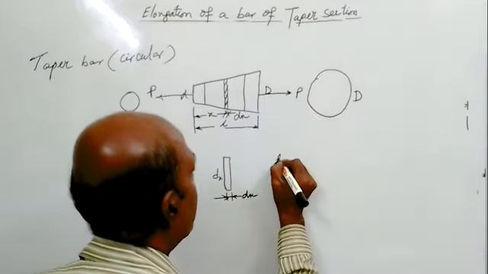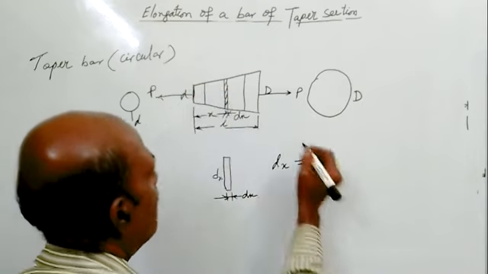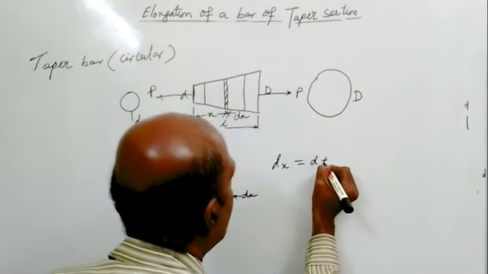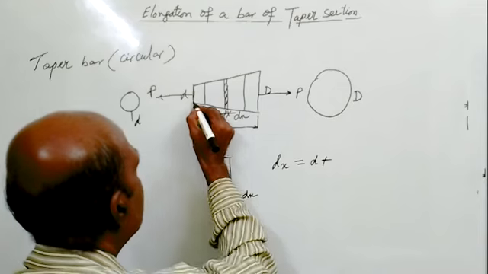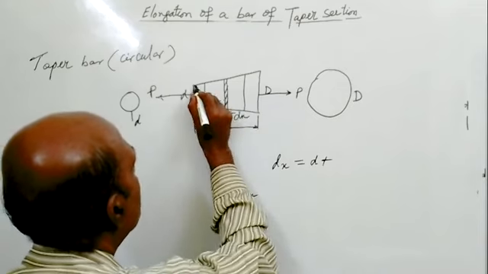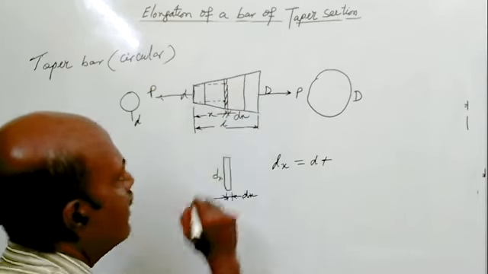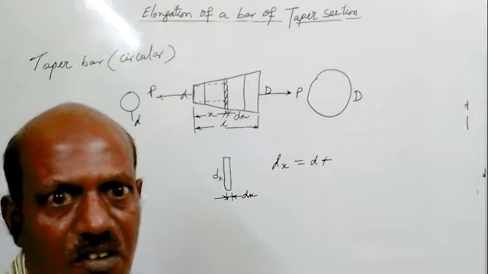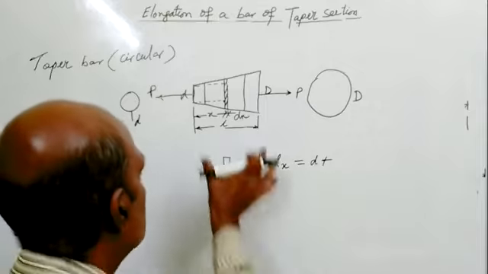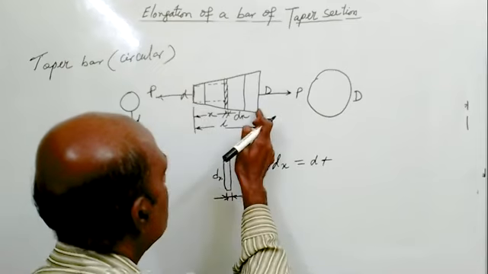So d of x is given by small d plus some increment. What is the increment in diameter? This much is the increment at distance x from the left end. What is the total increment from this end to this end?